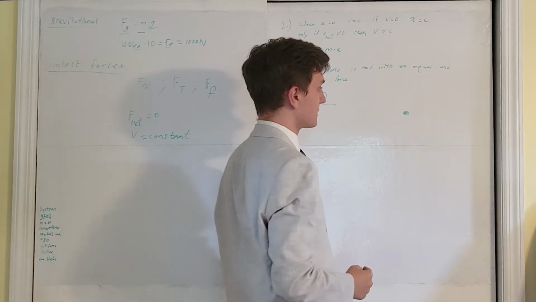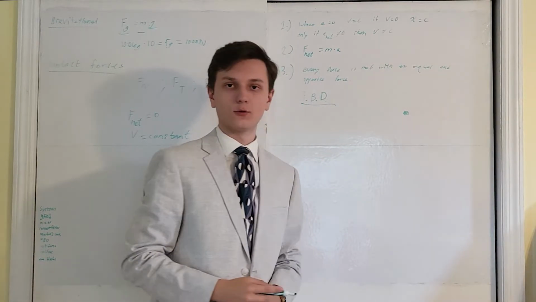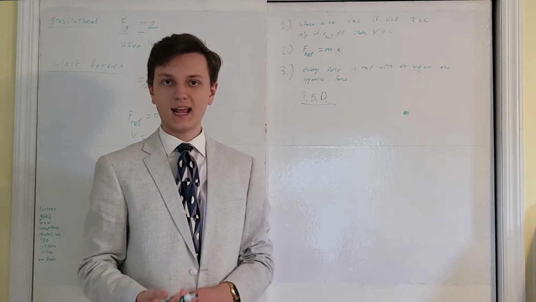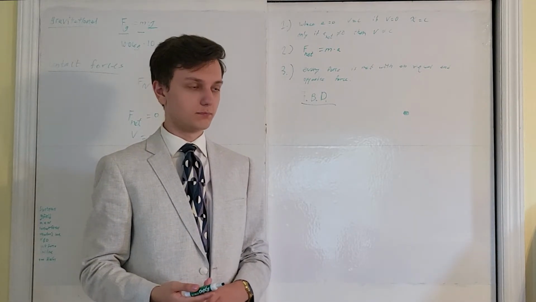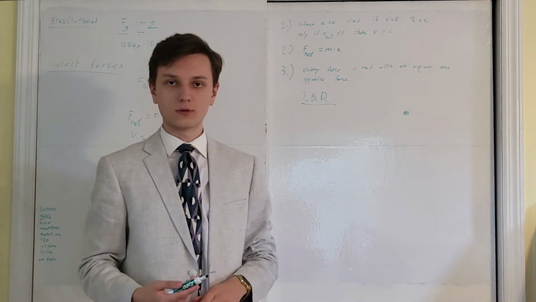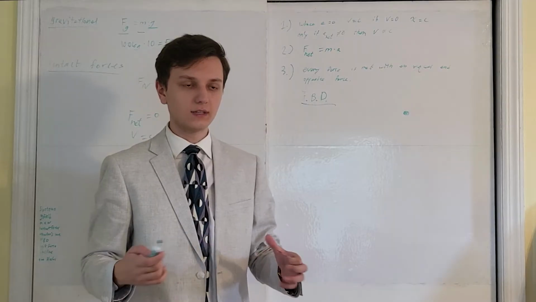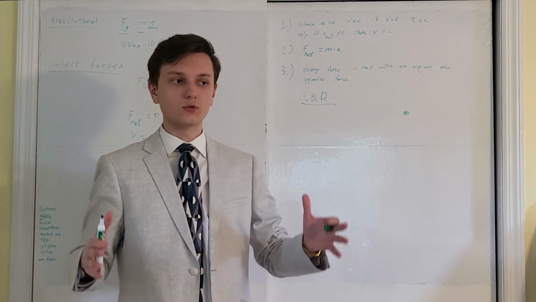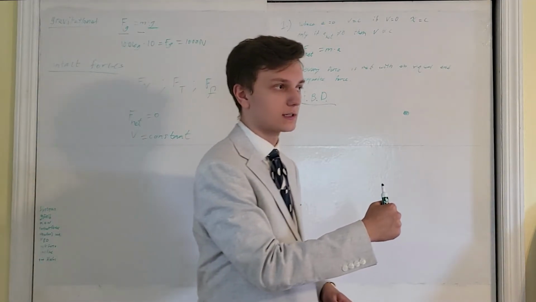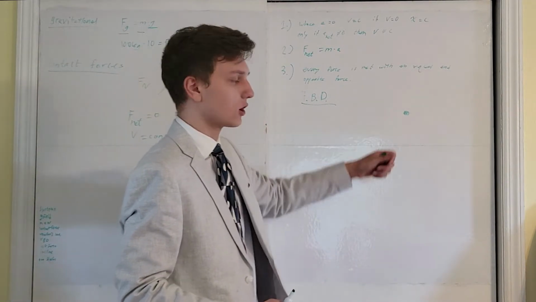And on that dot, you will draw the force vectors acting on it. Remember, a vector is an arrow that has direction. It points in the direction in which the force is applied, and the length of the arrow corresponds to the magnitude of force being applied, meaning more force is conducive to a longer arrow.